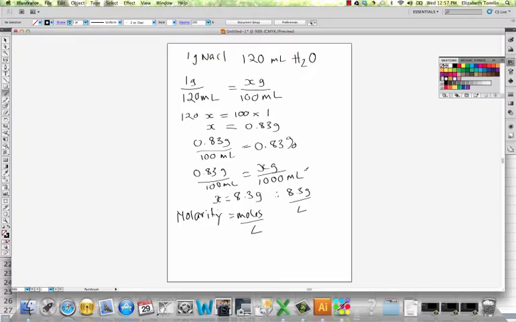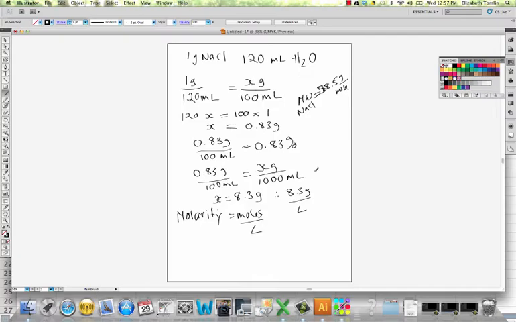Well, we need the molecular weight of sodium chloride, and that is roughly, I'm just going to write it up here, molecular weight of sodium chloride is 58.5 grams per mole, roughly. Let me put NaCl right there.